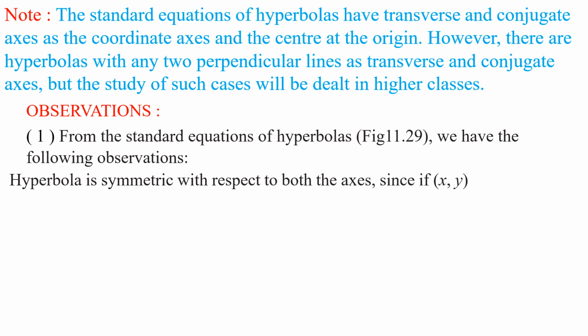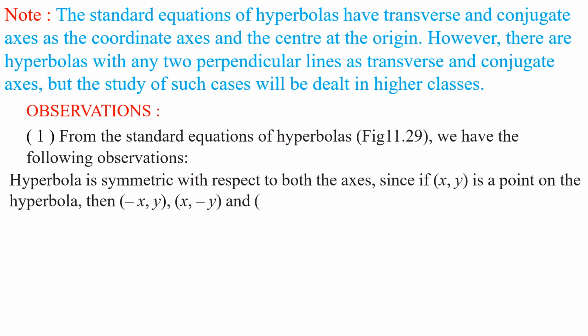Since if the ordered pair x comma y is a point on the hyperbola, then the ordered pairs minus x comma y, x comma minus y and minus x comma minus y are also points on the hyperbola. By observing the figure 11.29 well, you notice this point, that is, the hyperbola is symmetric about both the axes.